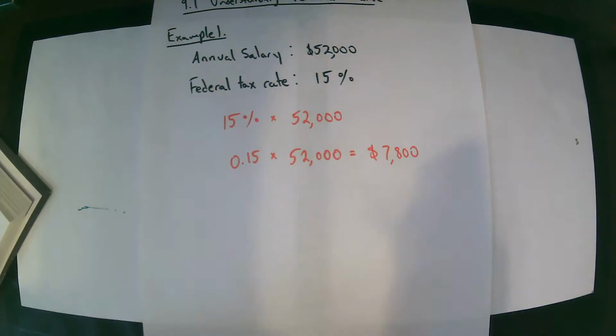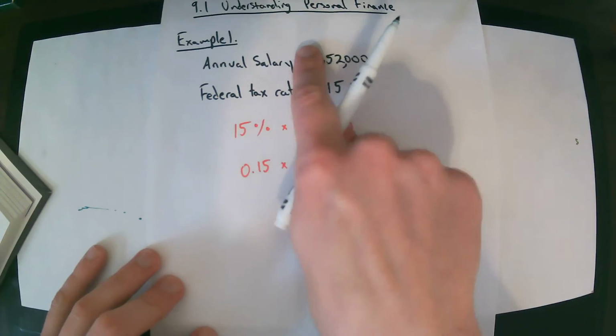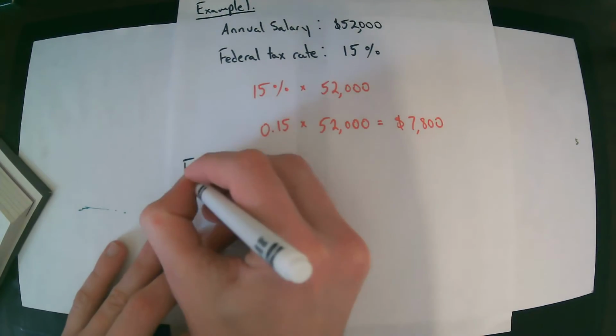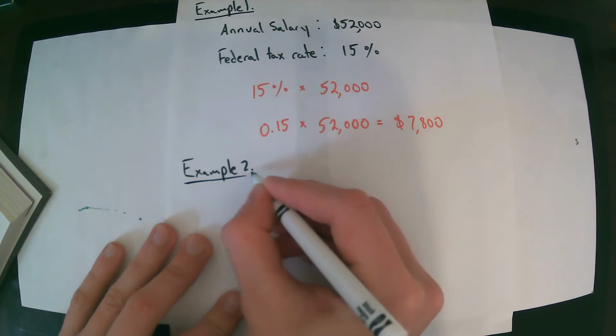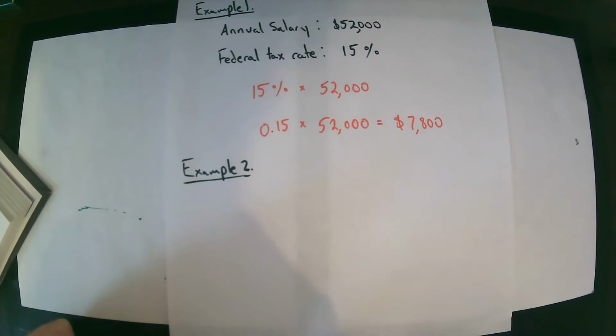How about monthly? How about monthly pay? So we're looking at annual pay and annual taxes in example 1. So let's look at example 2, because whenever you're budgeting, typically we don't budget for a year, right?